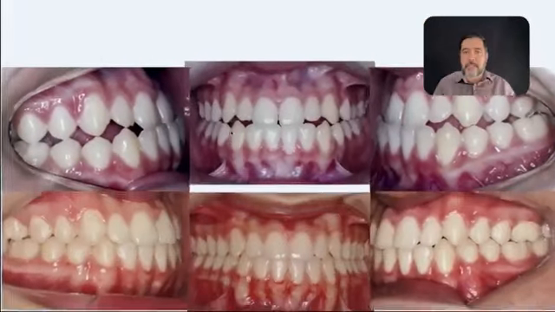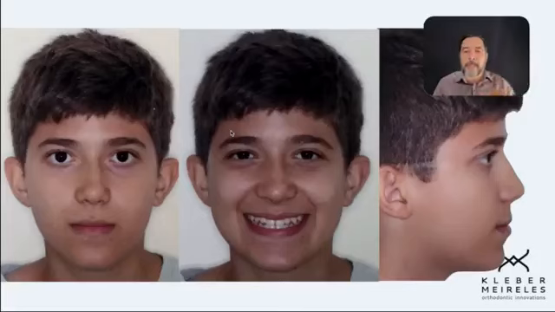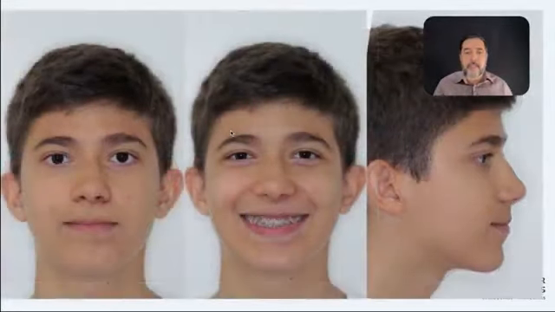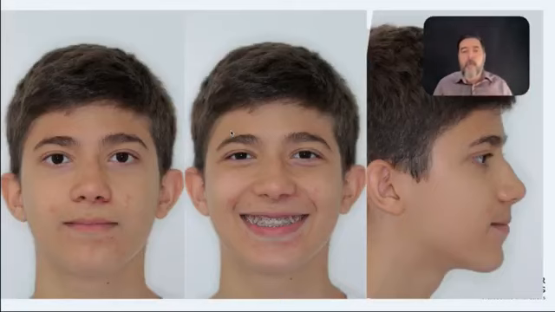The most important part here is to see what happened to his face. Before treatment, we see the vertical displacement of the maxilla was not good. We have vertical deficiency, not showing the entire teeth of the upper segment, and we have these elastics being worn since the beginning.